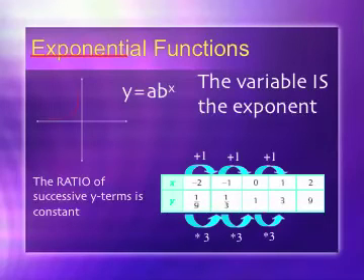In this case, y gets multiplied by 3 each time. So when I add 1 to x, if I multiply y by a constant number each time, then I'm looking at an exponential function. That number that I multiply y by each time, that's the b in the equation above. And I can find out what a is by looking at the y-intercept.